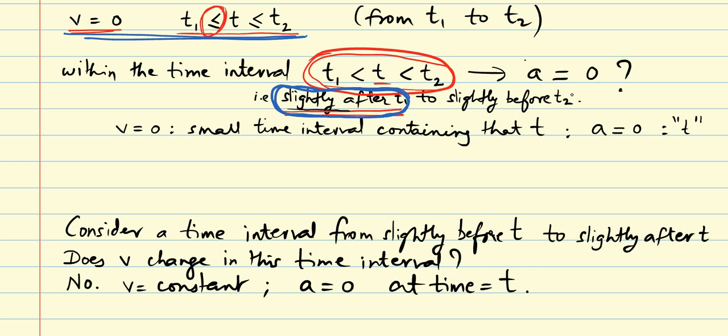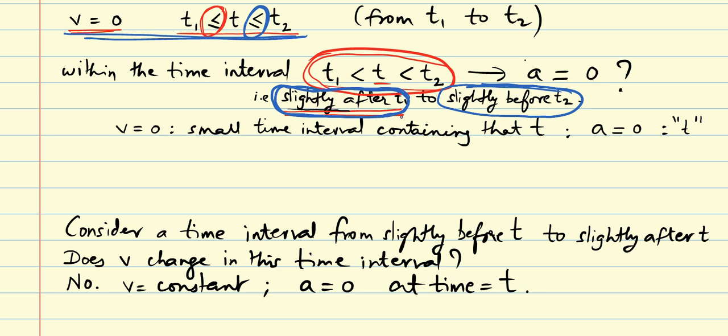The other confusing case is what happens at the end of our time interval. Remember, our time interval ends slightly before t2. So once again, the equality sign over here tells us that the velocity is equal to 0 even after or slightly after our time interval ends. So by the same logic, we can prove that the acceleration is equal to 0 even at the end of our time interval.